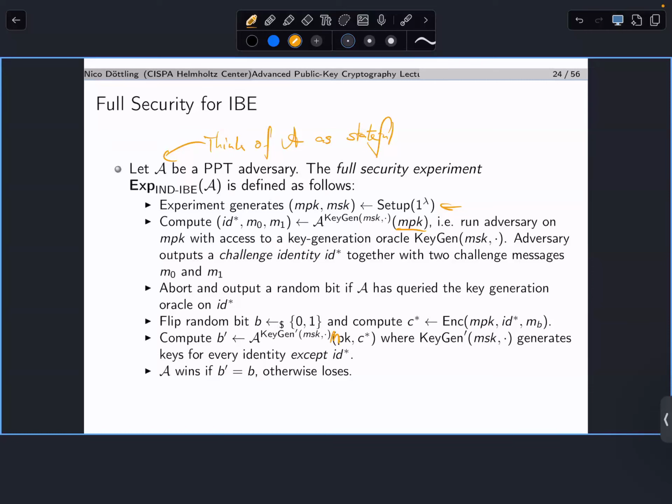This is called selective security. This is very non-adaptive: even before seeing any key, he has to decide what his challenge identity is.